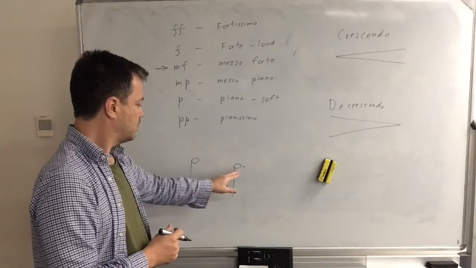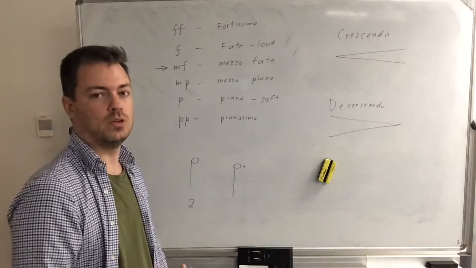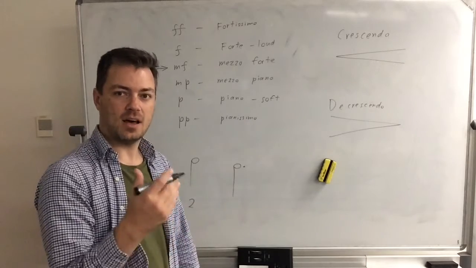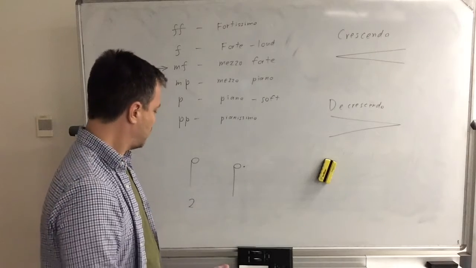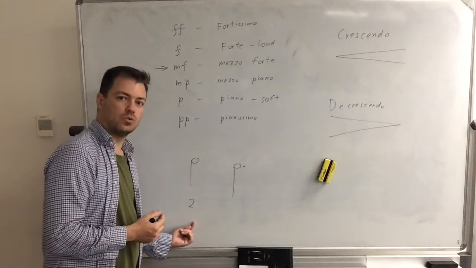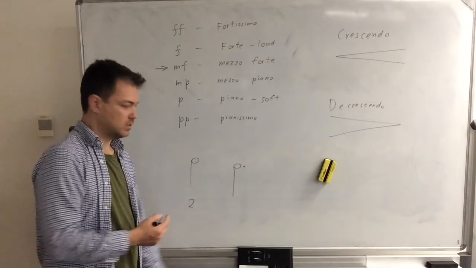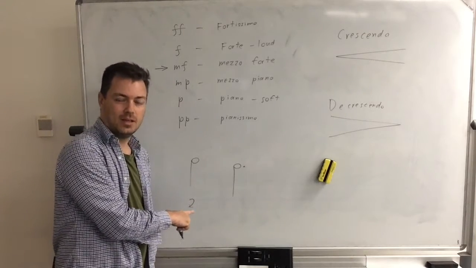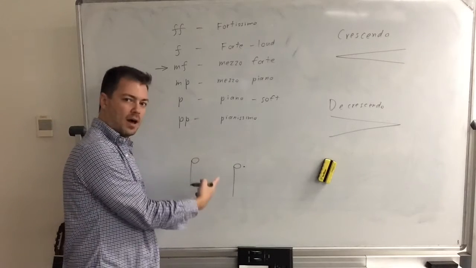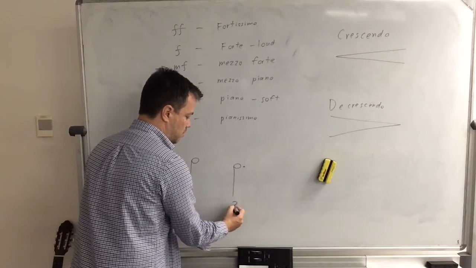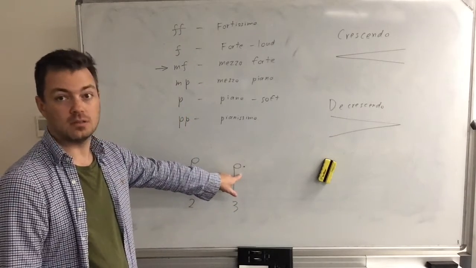So when we put a dot after a note, the terminology we use is that it adds half of the original value to the note. So if it is originally worth 2, we add half of that to the note. So half of 2 is 1, and we add that to the value. So it's worth 2, and we add half of it, so it's now worth 3. Okay, so that's what a dot does next to the note.